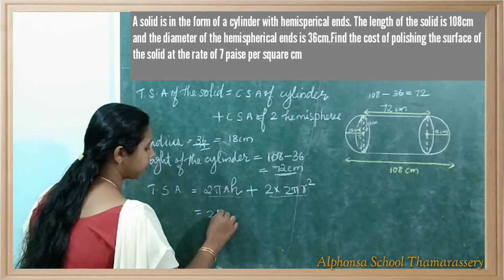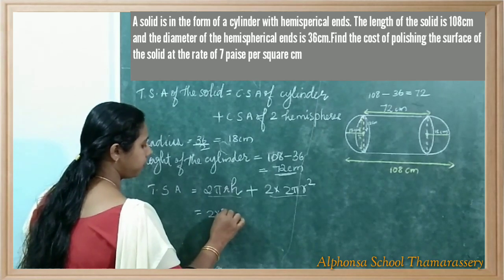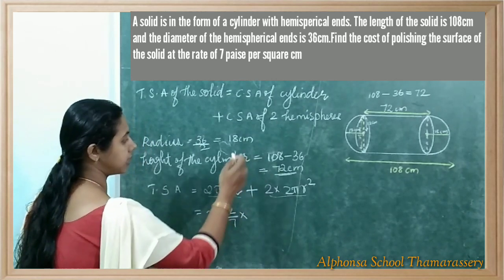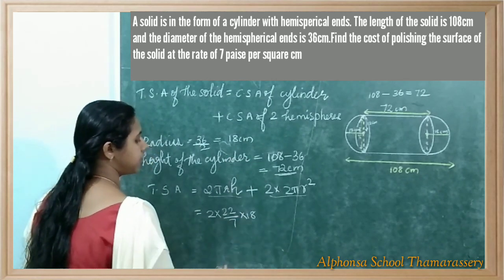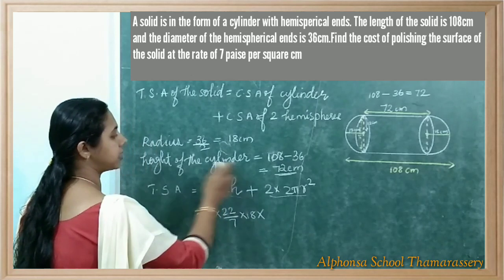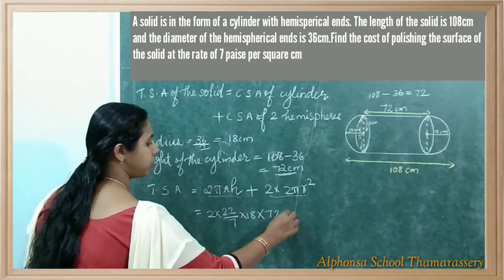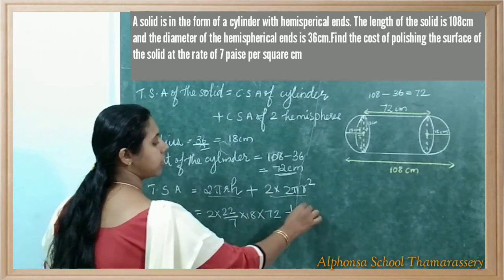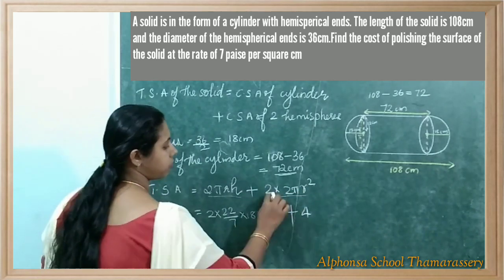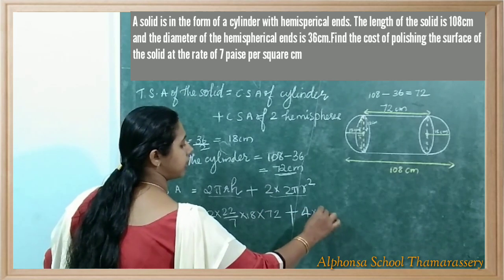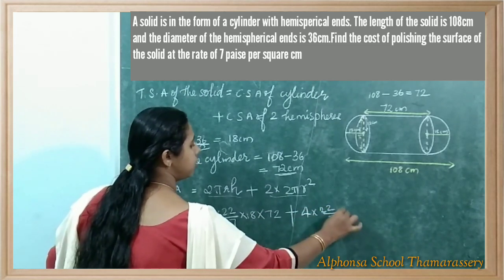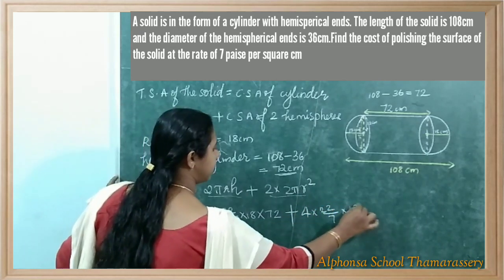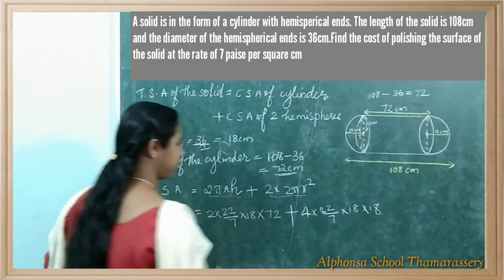So 2 into 22 by 7 into radius, that is 18 centimeter, into height of the cylinder, 72, plus 2 into 2 pi r square, that is 4 pi r square. So 4 into pi, that is 22 by 7, into r square, that is 18 into 18.